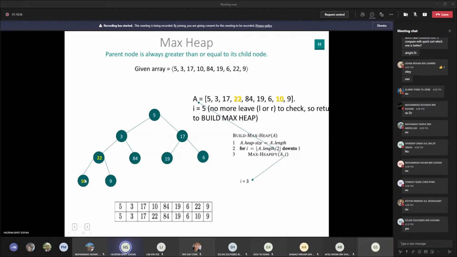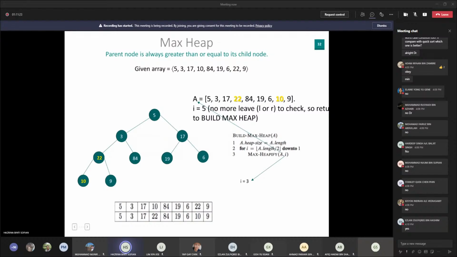Once we swap it, our array changes. This is our original array. The 22 was here, but now 22 is here and 10 is here. It's 5, 5, 3, 17, 22, 84.